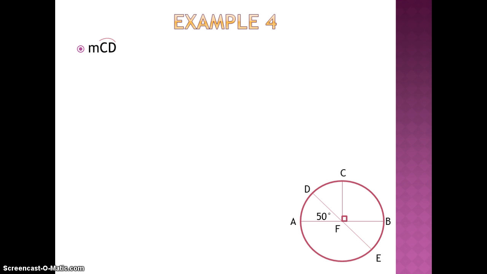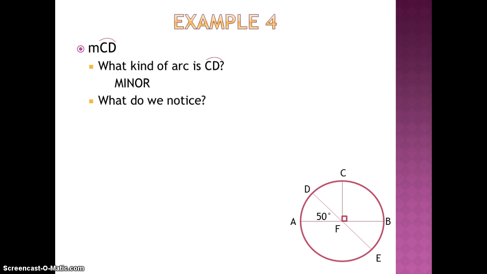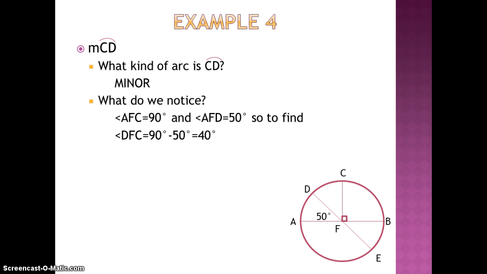Now we're going to find the measure of arc CD. What kind of arc is CD? It's a minor arc. What do we notice? Angle AFC equals 90 degrees, and angle AFD equals 50 degrees. So to find angle DFC, 90 degrees minus 50 degrees is 40 degrees.